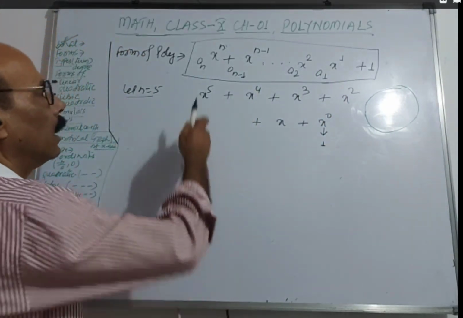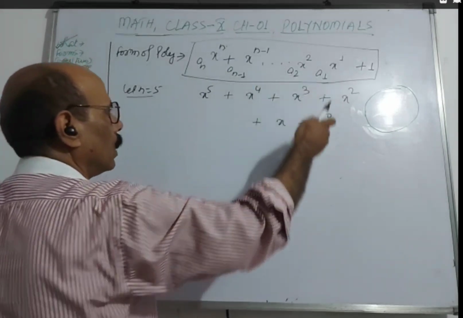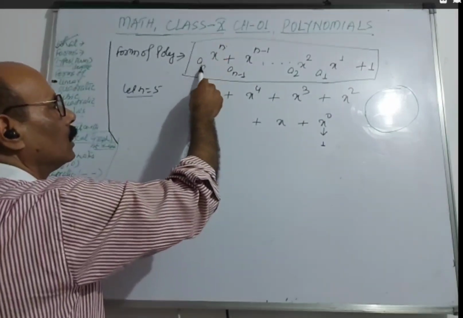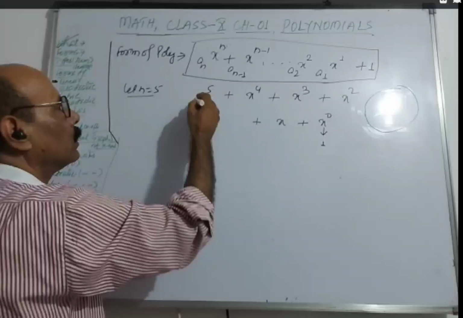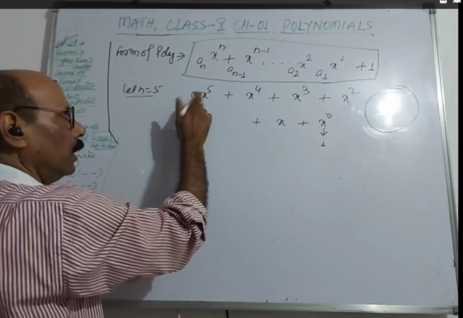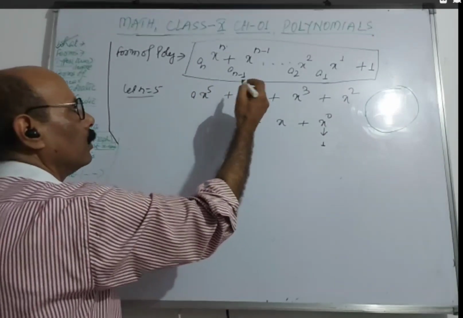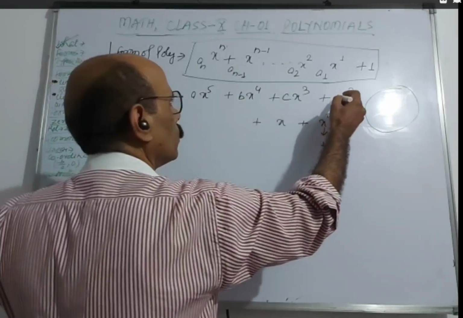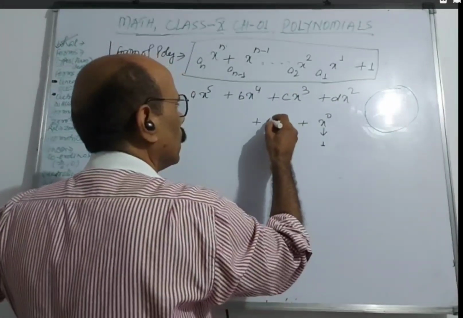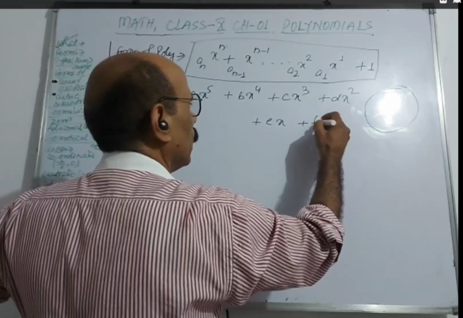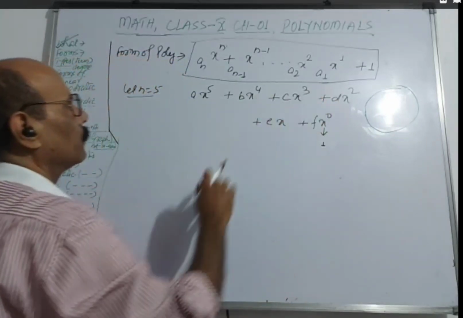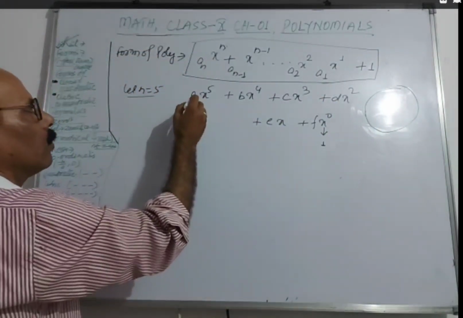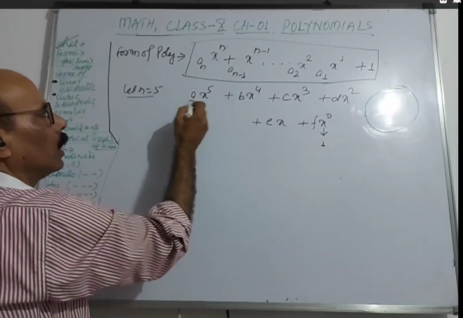And for coefficients, generally we do not use A1, A2, A3. Generally, we use first A, then second B, third C, fourth D, then E, then F. Like this, we indicate. This is the practical form of polynomial.